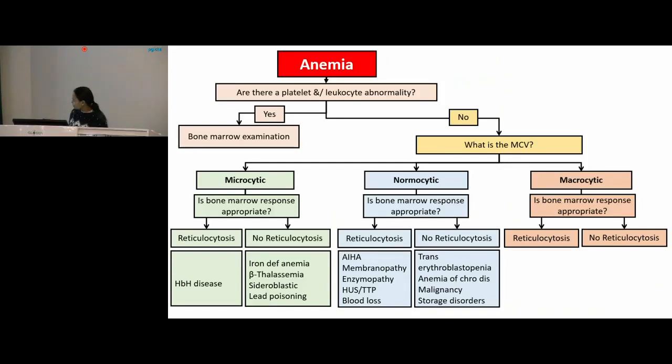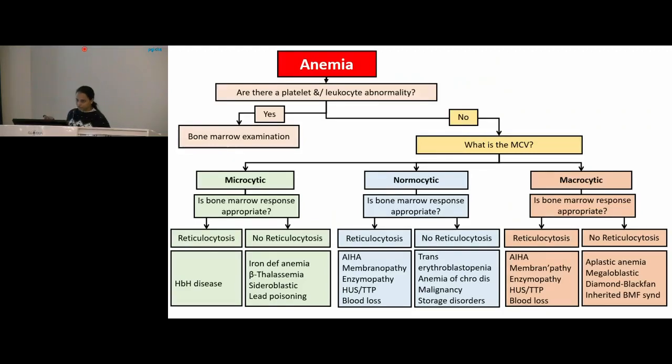But sometimes, when you have hemolytic anemias where the hemolysis is going on at a very rapid pace, you can end up getting a macrocytic anemia with reticulocytosis. So all these conditions can be seen here as well. And if you have a macrocytic anemia with no reticulocytosis, again you have to think of marrow failure syndromes, megaloblastic anemia, or aplastic anemia.